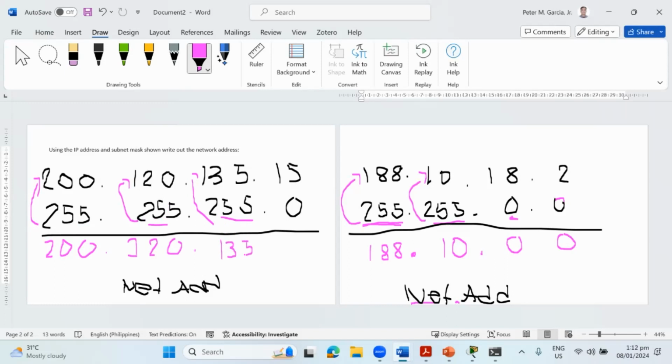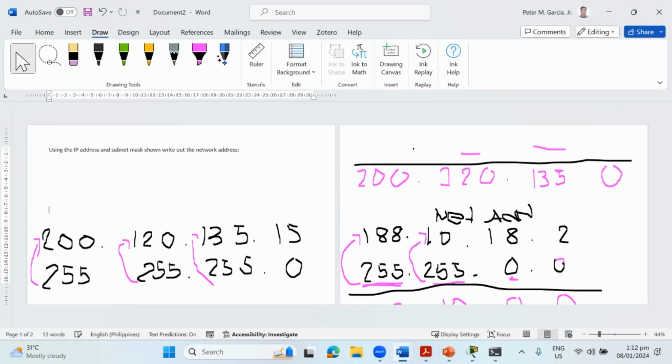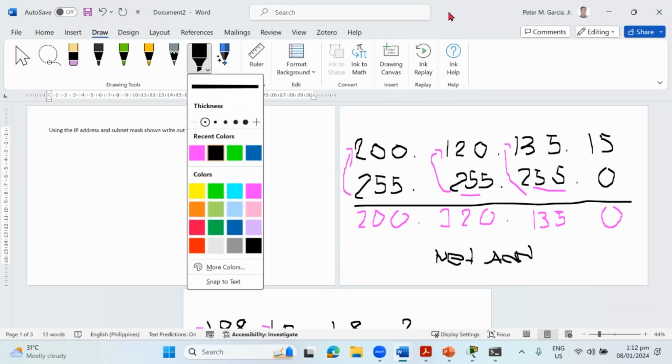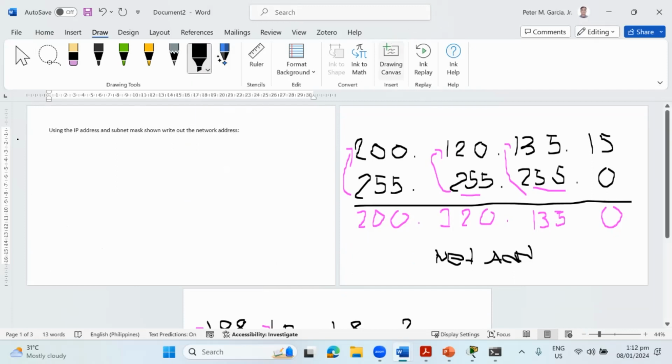At subnet mask 0, tapos network address siya, so it becomes 0. Yan na, so meron ka ng network address. So pag hinahanap ay network address, kapag 255 ang subnet mask mo, just simply copy the value above. Kapag 0, automatically it becomes 0.